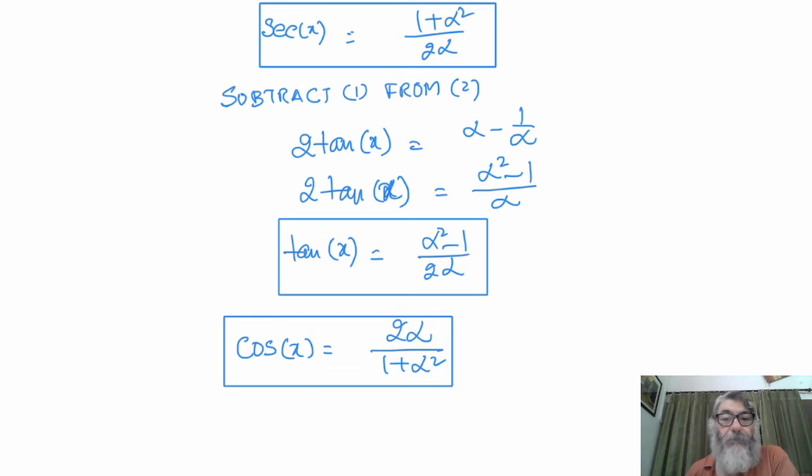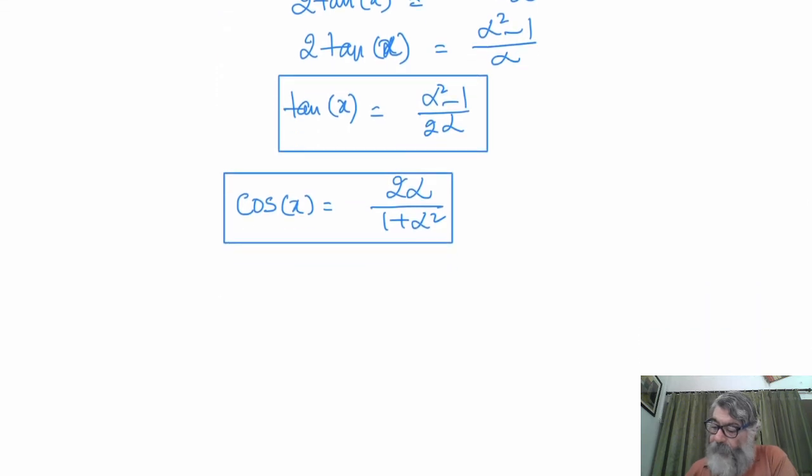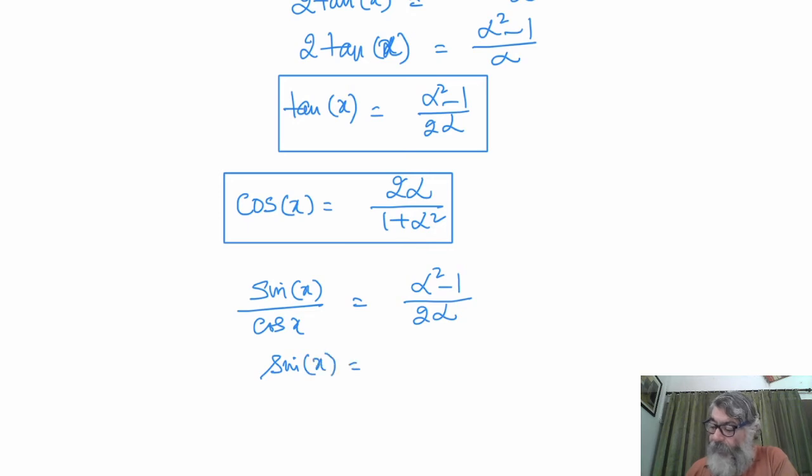Alright, we got this value. Now I want to find the value of sin x. Tan x is this. We know tan x is sin x upon cos x. Sin x upon cos x is equal to alpha square minus 1 upon 2 alpha. So sin x will be alpha square minus 1 upon 2 alpha into cos x.